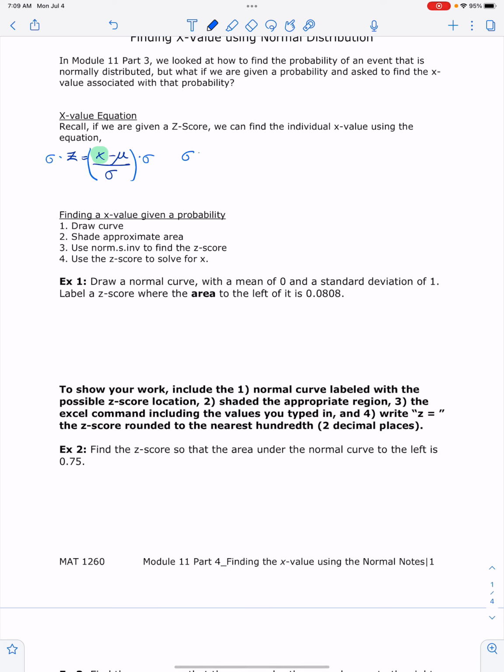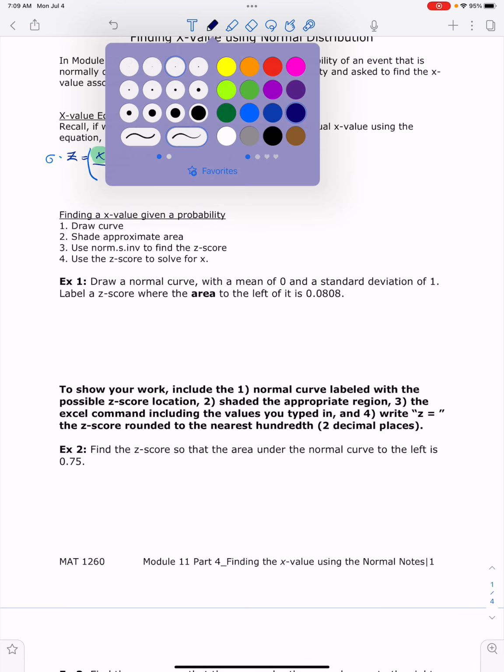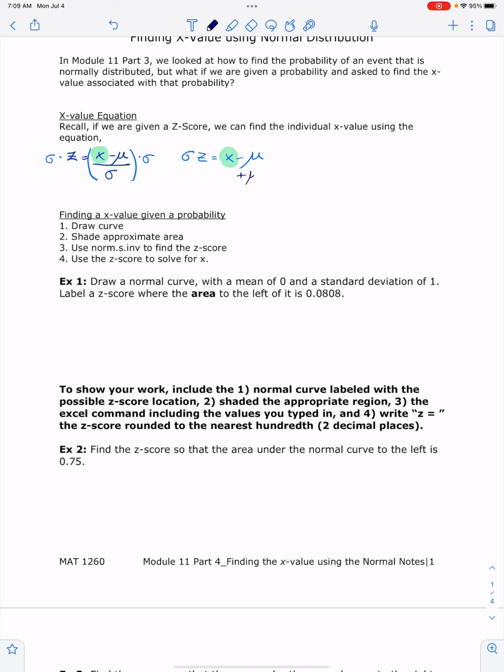And so now I have sigma times z equals x minus mu. Again, this is what I'm trying to get by itself. So we're going to add mu to both sides. And so my x equals, flipping sides here, sigma times z plus mu.